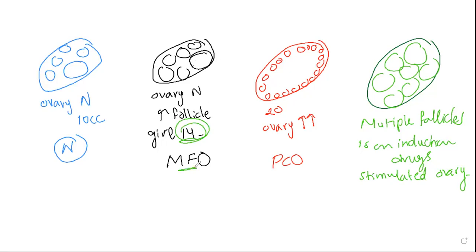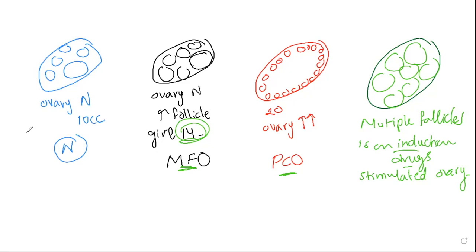Well, this is the multifollicular ovary. Here the patient has an enlarged ovary, and the follicles are arranged in the periphery, and they are multiple and small and tiny. This is a PCO. Here there are multiple follicles, but they are large and arranged everywhere, and the patient has induction drugs. So all of this represents an ovary with many follicles, but the diagnosis is different.